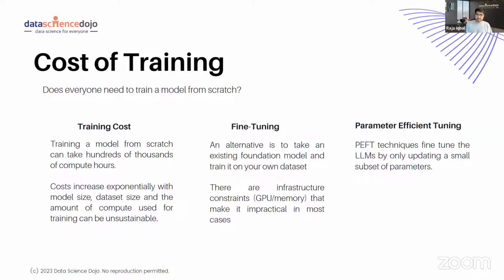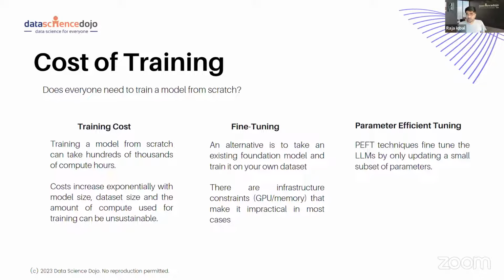That's why companies like Anthropic, Google Bard, OpenAI GPT, and Facebook Llama 2 are creating these models so you can use them and repurpose them in a different context, right? But in theory, the cost increases exponentially.